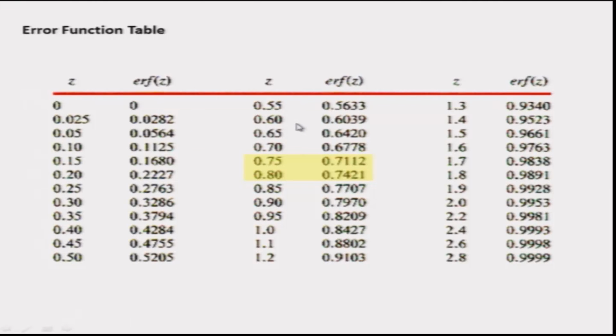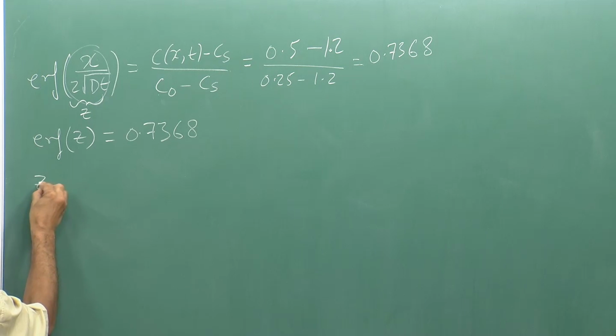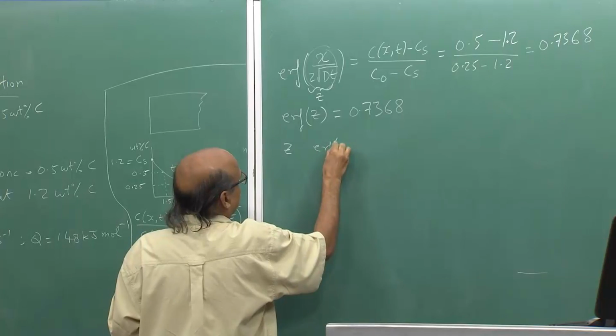So, what we need to do is a linear interpolation. What I have is essentially a value of z and error function of z.